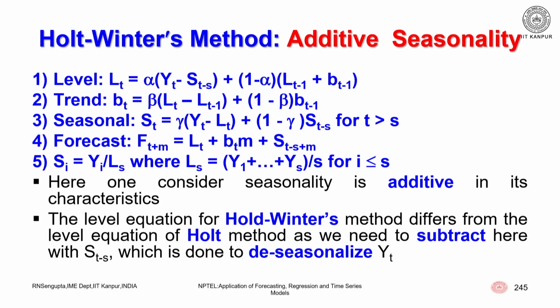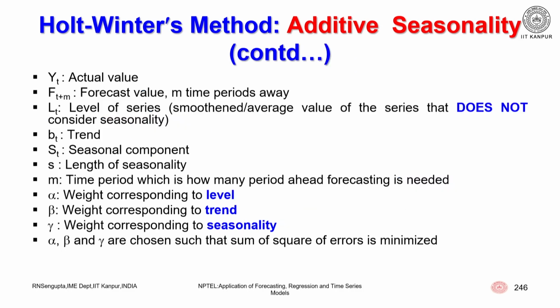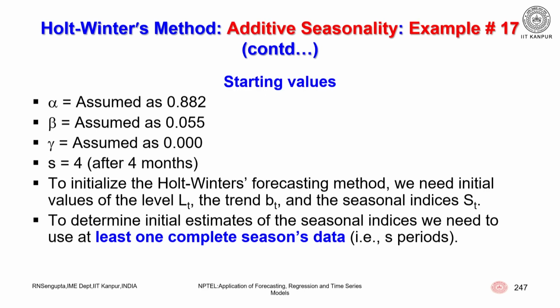You have the concept of small s, which is the seasonality time factor, m is how many time periods ahead you are going to forecast, and it is the additive model. These are the values again, and obviously the main idea is to minimize the errors. I am just showing the slides because they have been discussed time and again, also in the 21st lecture. These are the assumed values.